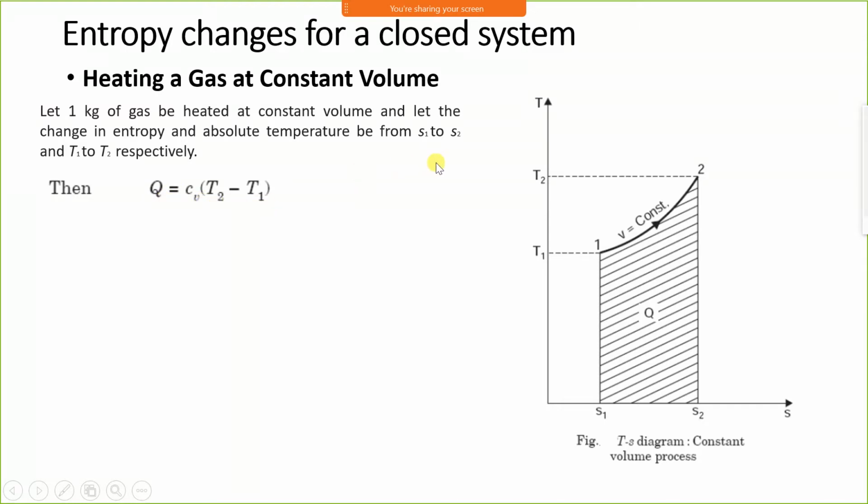But here we have to calculate entropy. We don't want to calculate heat transfer. We have to calculate change in entropy. Now to calculate change in entropy, consider an elemental area of this diagram.